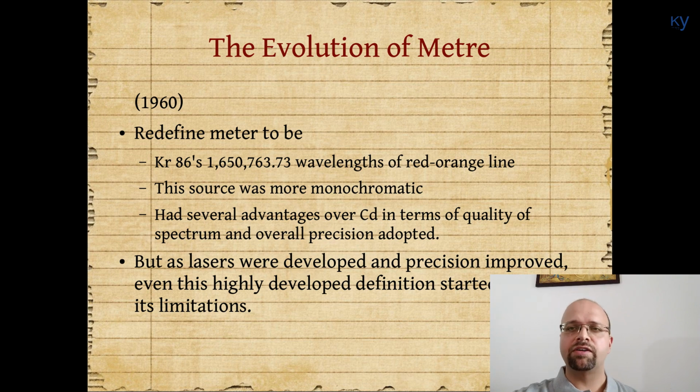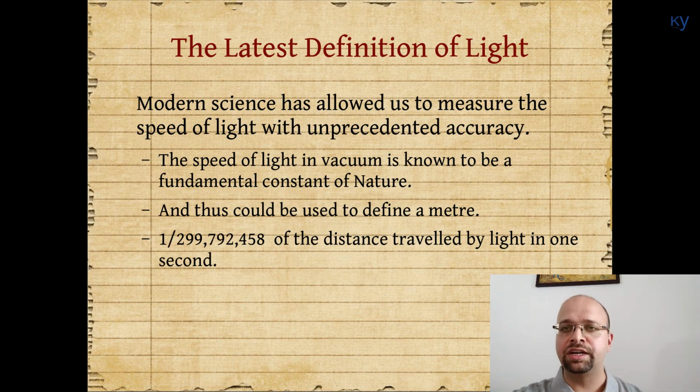In the meantime, our accuracy of measuring time was becoming really good. So finally, modern science decided to define the meter in terms of the distance traveled by light.